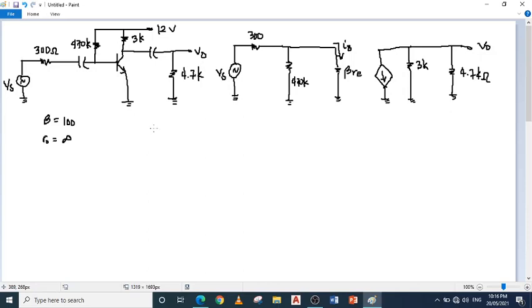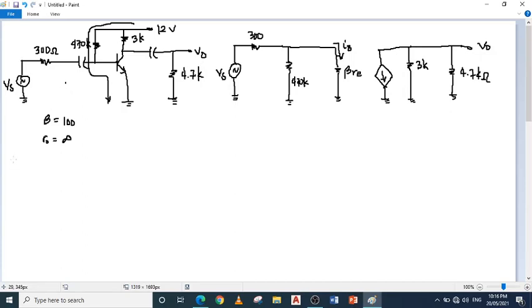So it's the same as what we solved before, we solve again. Since at DC the capacitors are open, we can apply KVL to solve for IE and then for RE.